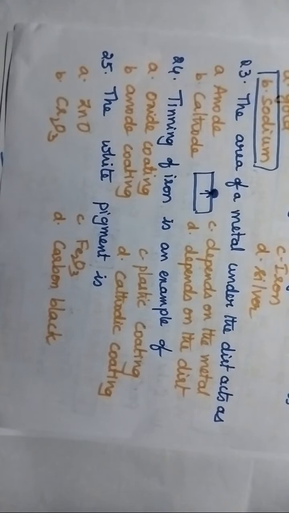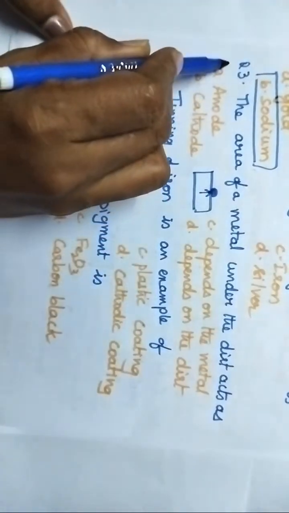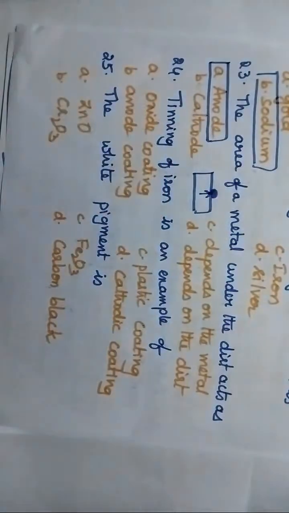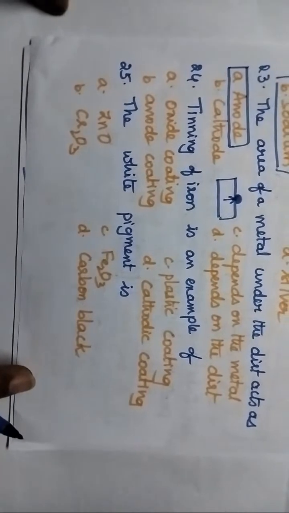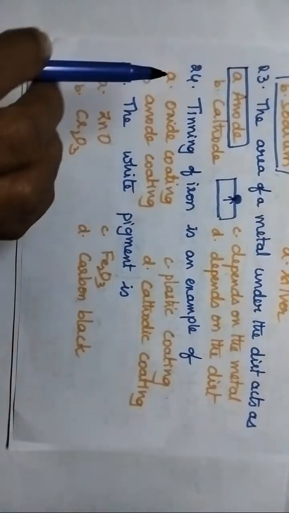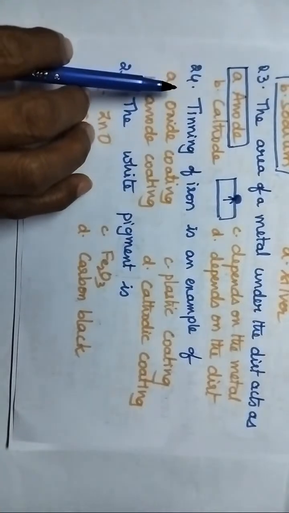You have to identify the right answer. Very good, Charan, Mahendra, Ramadurga. Yes, that area will act as anode and undergoes corrosion. Yes. Very good, Aditya. Sriram. Very good. Next, moving to the next question.